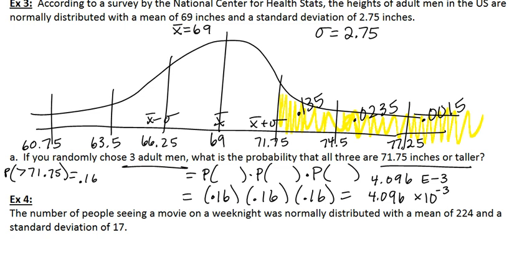When I have 10 to the negative third power, I move my decimal 3 places over to the left. So that ends up being 0.0041 if I round up. So I got to add zeros when I move that decimal point. So 0.0041 probability, or a 0.4% chance that all 3 of them are 71.75 inches or taller.